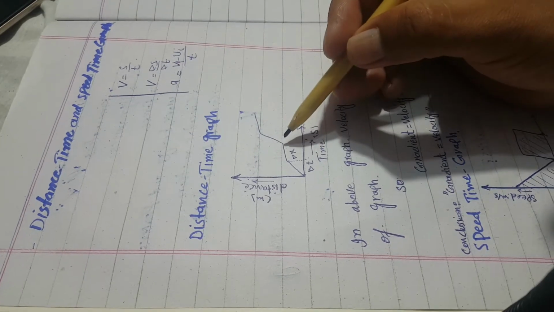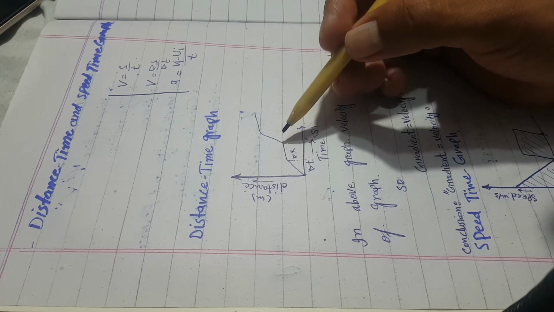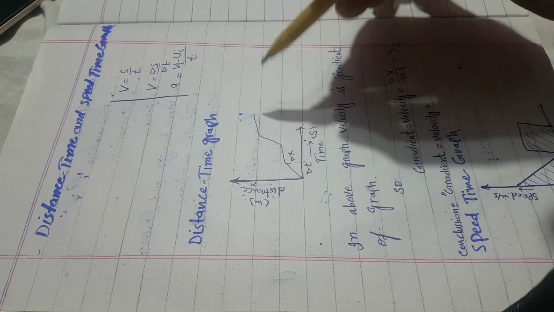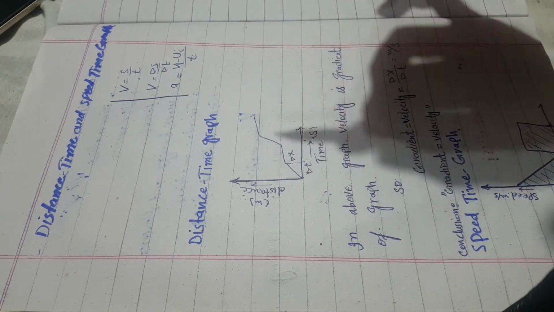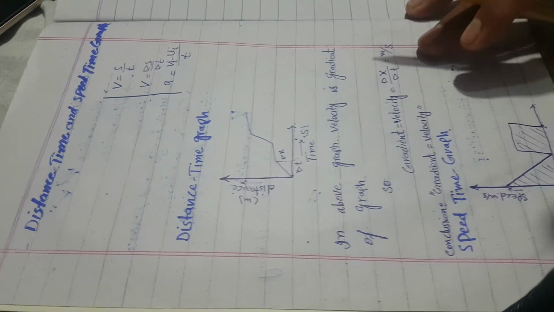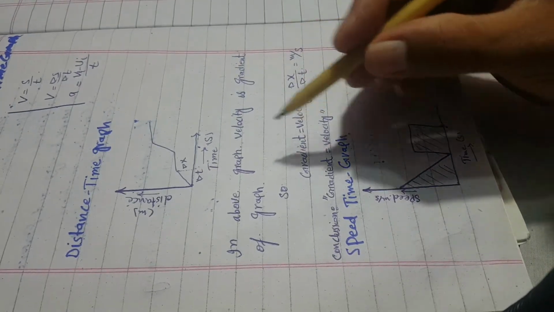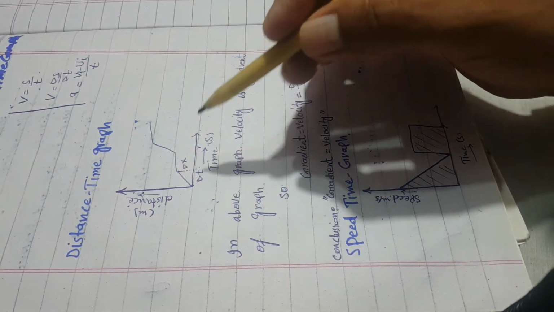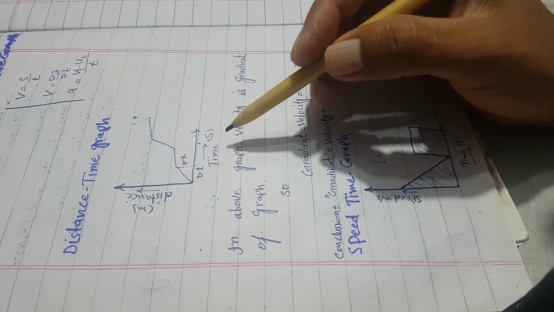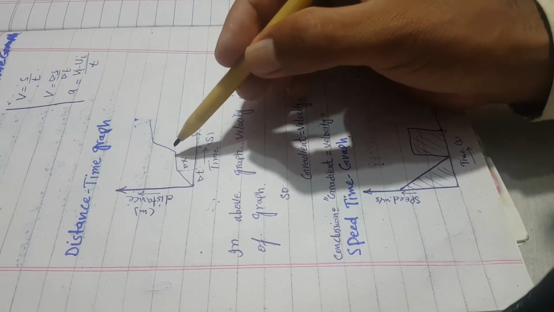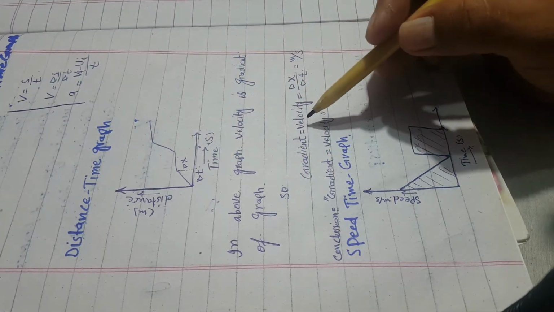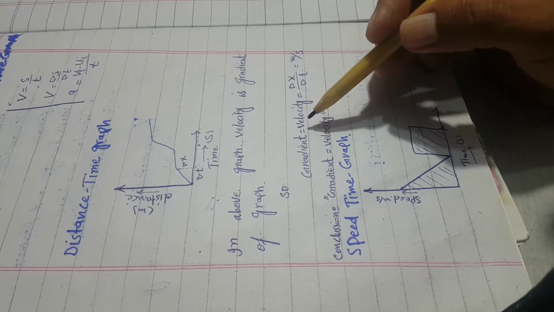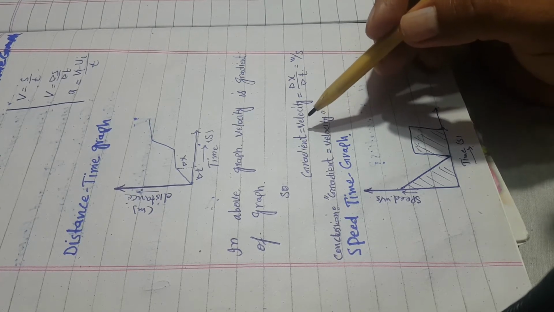So if we find the gradient of the distance time graph, then we will get the velocity of the object. In the displacement time graph or distance time graph, the gradient is equal to the velocity of the object.